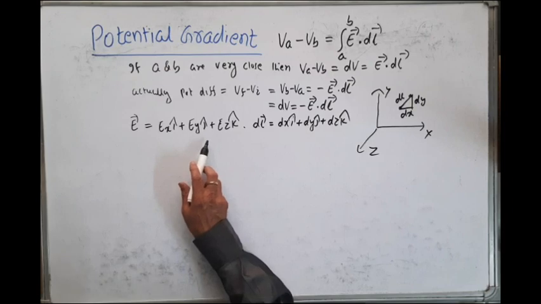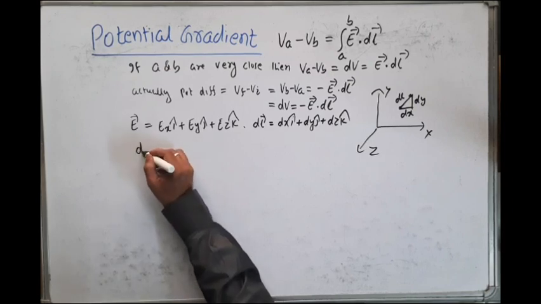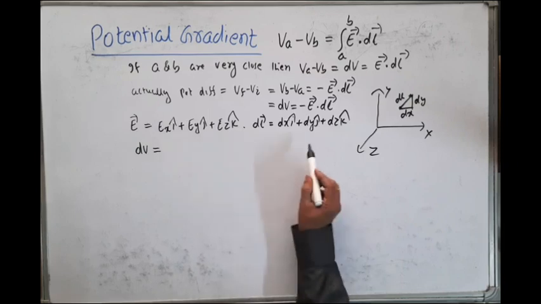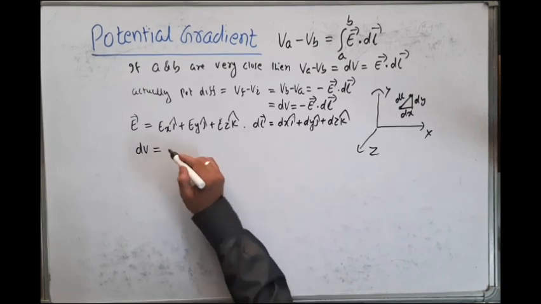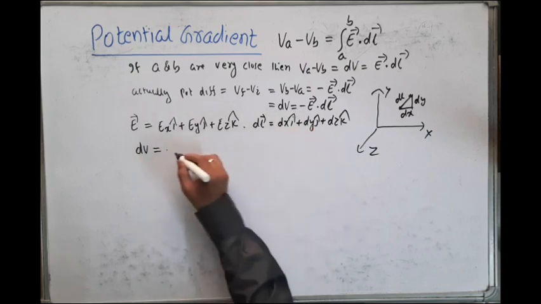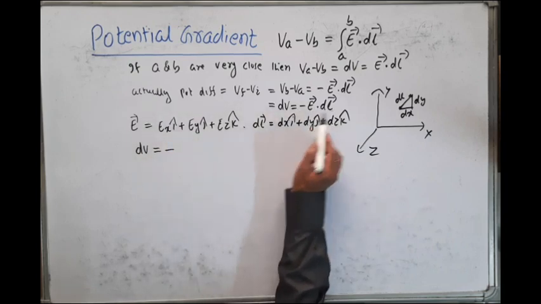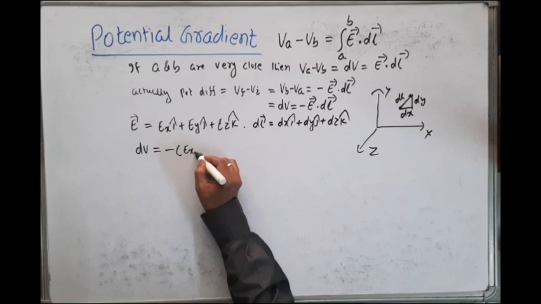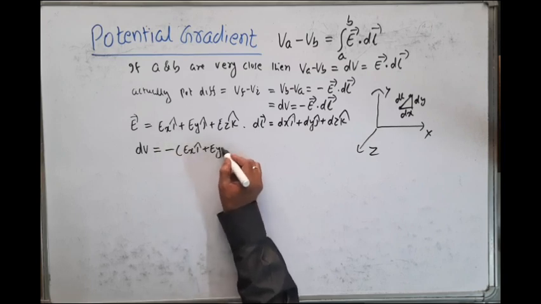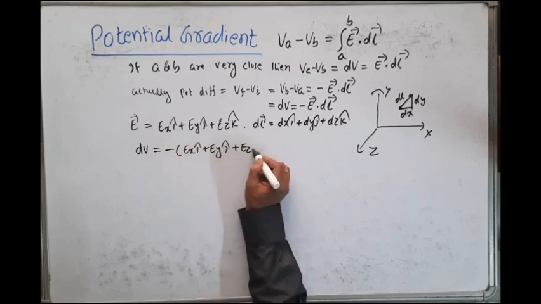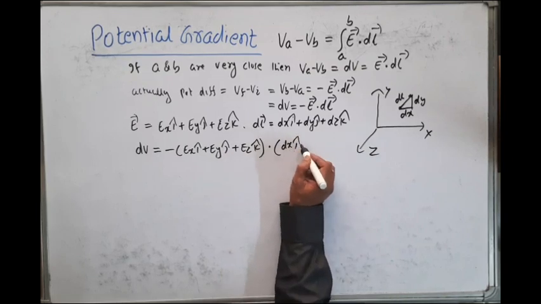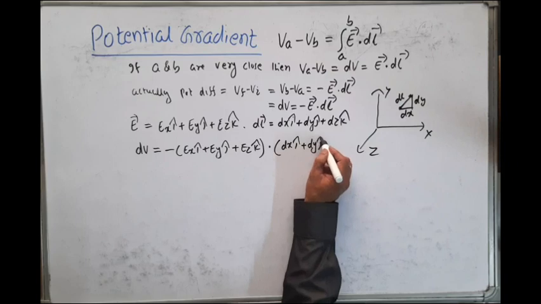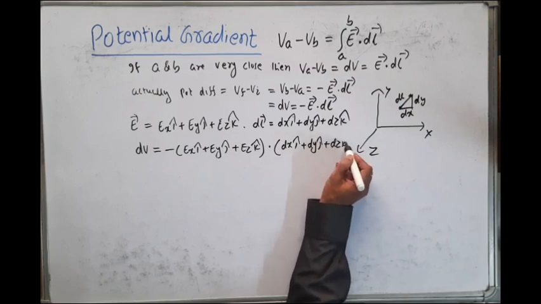Now we want to find the potential difference between two points separated by a very small distance dl. So dV is equal to, what is the formula? dV is equal to minus E dot dl. In place of E, you write Ex i, Ey j, Ez k, dot the dl vector, which is dx i, dy j, dz k.